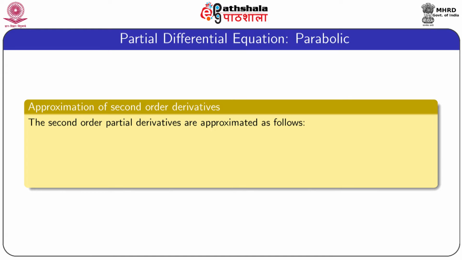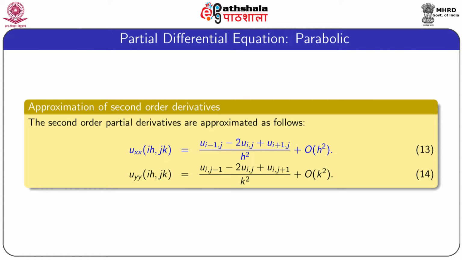The second order partial derivatives are approximated as, this one is the approximation of del 2u del x2, this is the central difference approximation, and this is the approximation for del 2u del y2. Note that in this approximation the truncation errors are of order h square and order k square.